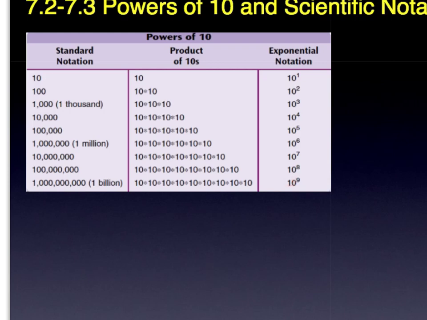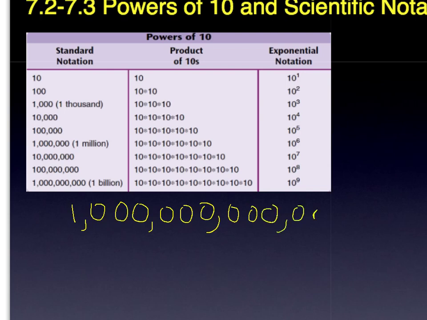Okay? So can we make a guess then what 1 trillion will look like? How many zeros will 1 trillion have? Well, if each period has 3 zeros, and 1,000 is 1 period, million is 2 periods, billion is 3 periods, then for 1 trillion I'm going to have 4 periods.